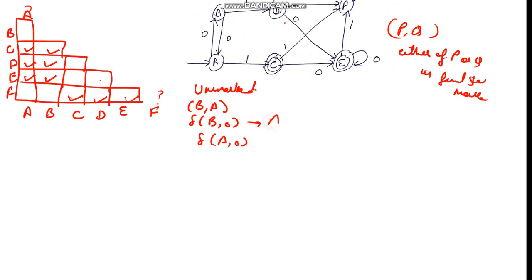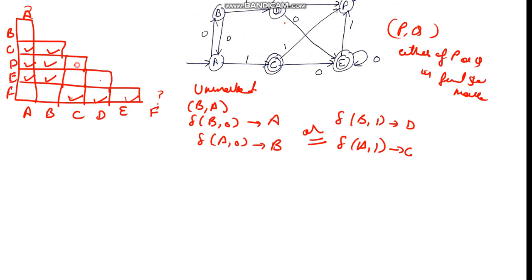It is going to A, it is going to B. Similarly for B with 1, the next state is D, and for A with 1, the next state is C. So in this case, D and C are not marked, hence we will not mark this stage.